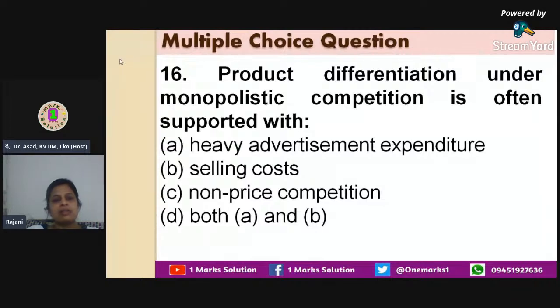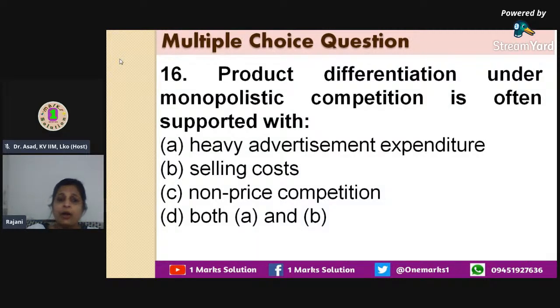So the question is, product differentiation under monopolistic competition is often supported with heavy advertisement expenditure. That is not the only supporting thing, so we cannot think that should be the correct answer. Heavy advertisement expenditure is not the only support for product differentiation, but selling cost, different non-price competing strategies.